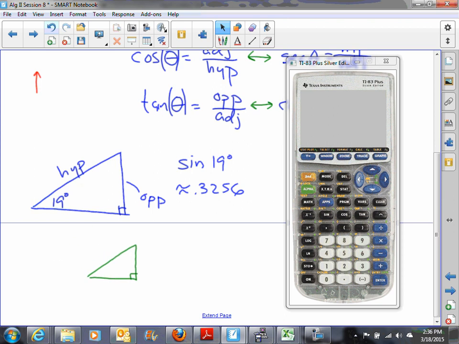So in this triangle, the ratio of the opposite to the hypotenuse, since it's 19 degrees also here, is exactly the same as the ratio here. That's why it doesn't really matter what the lengths of the sides of the triangle are. If we know it's a right triangle, and if we know an angle, we know that all of the right triangles with that angle will be similar. And so if we do ratios of sides, that will be constant.